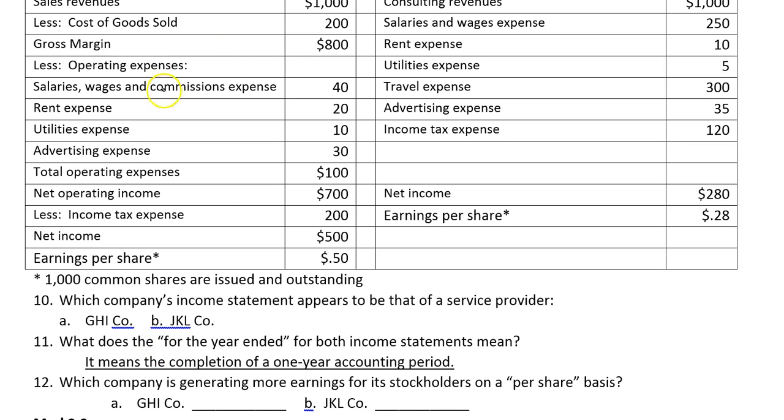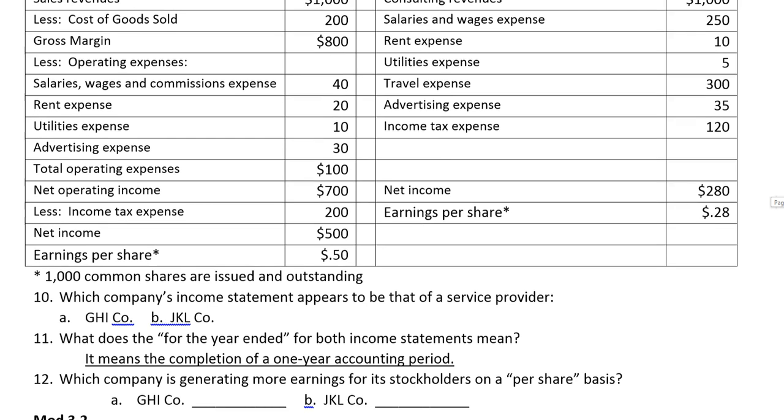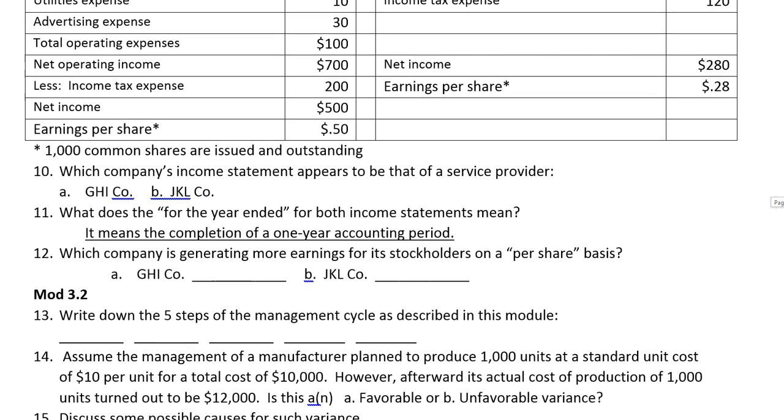What does it mean for this financial statement to be for the year ended? And I guess I've already typed the answer here, so lucky you. Okay, keep going. Which company is generating more earnings for its stockholders on a per share basis? That would mean you'd have to take the income and divide it by the number of shares outstanding, and you can compute that. It's based on a per share basis.